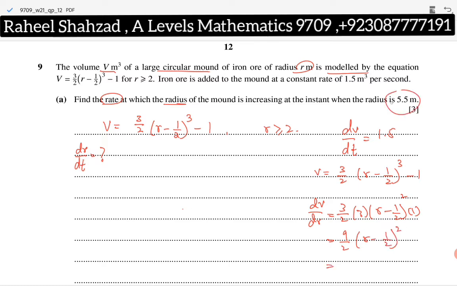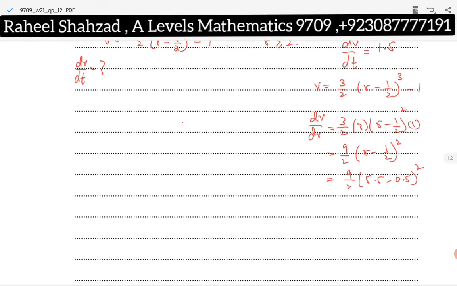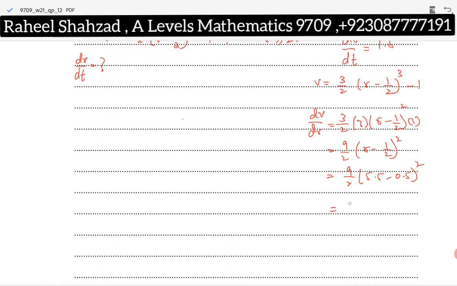When the radius is 5.5, we are going to put it in here. So 9 divided by 2, (5.5 minus 0.5) square. That is equal to 9 divided by 2 into 5 square, that is equal to 9 into 25 by 2, 225 by 2. So that is dV by dr given here.